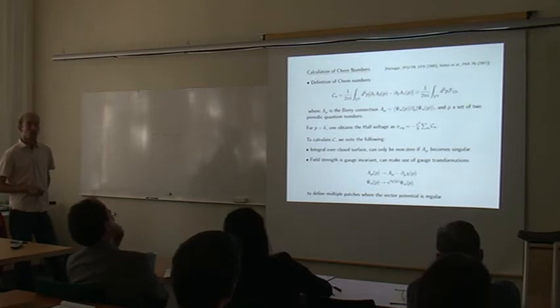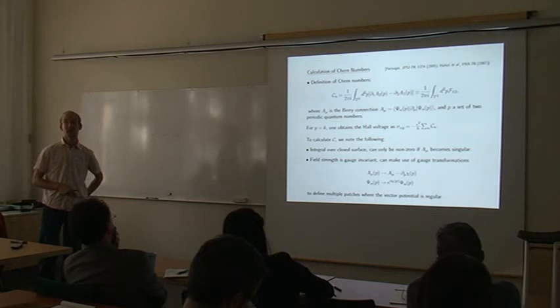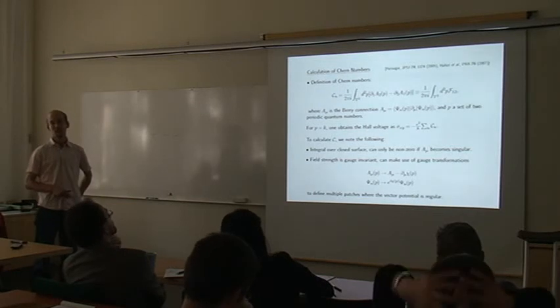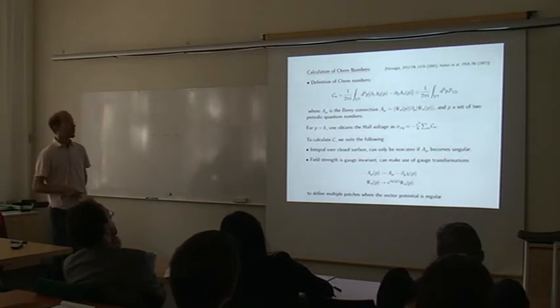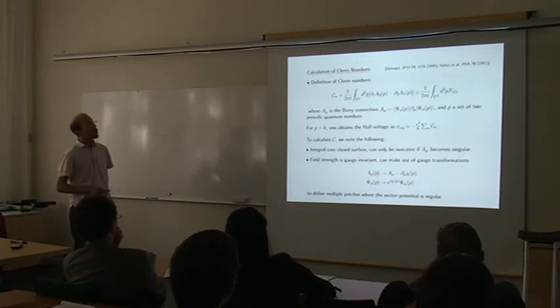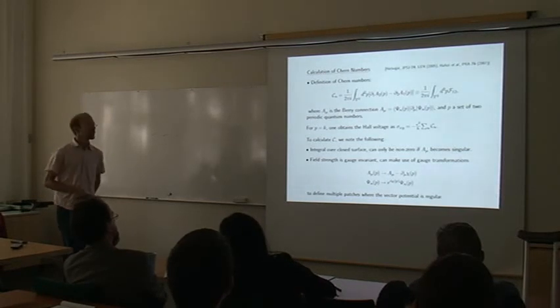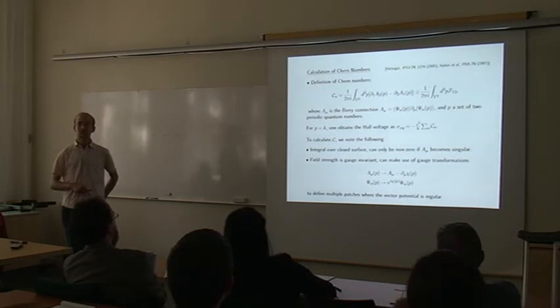So if we were to have a continuous function without any singularities that we integrate, we know that the result has to be 0 by Stokes theorem. And so we can trace the contributions to the integral to places wherever the vector potential becomes singular.